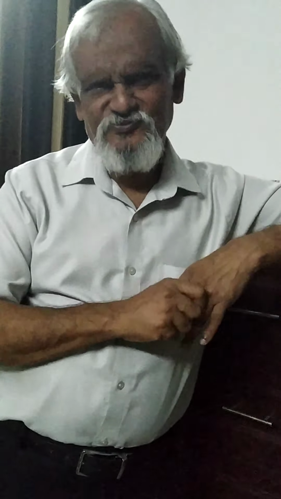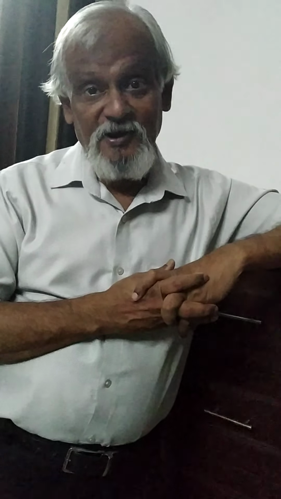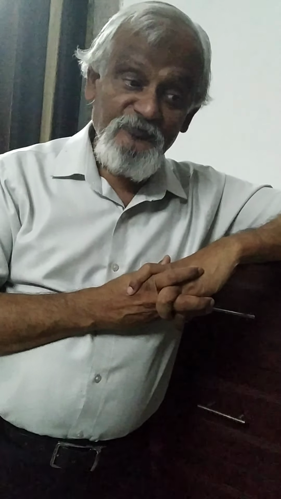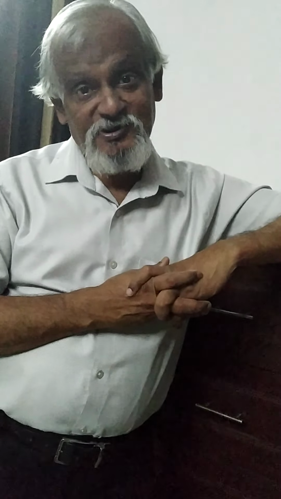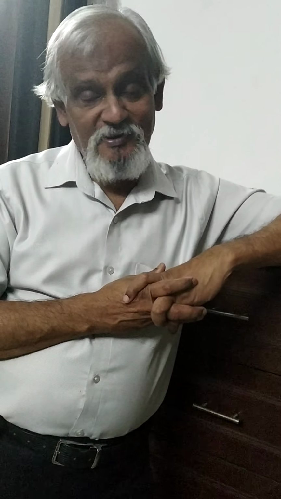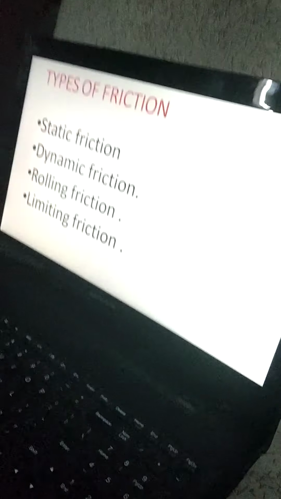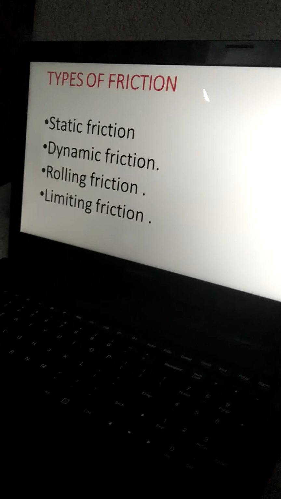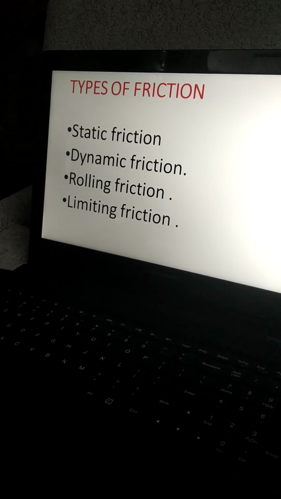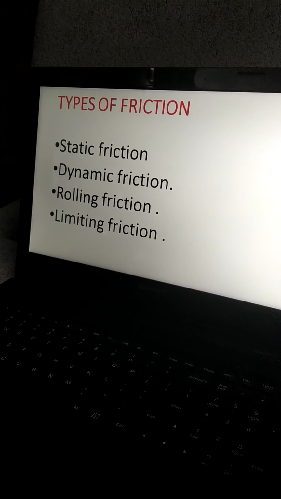different types of friction we studied. Remember? Static friction, dynamic or kinetic friction, rolling friction, and limiting friction. Okay? If you can't recall, there you see. Come back.